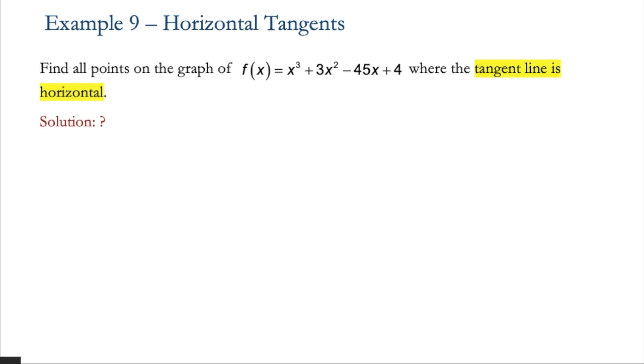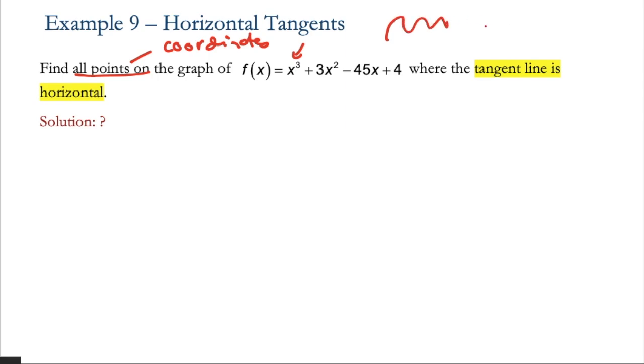Alright, so let's look at an example here. If we have the horizontal tangent, for instance, f(x) equivalent to x cubed plus 3x squared minus 45x plus 4, where the tangent line is horizontal, find all points on the graph. It means find the coordinates on the graph. So when you have this equation, you draw the graph.